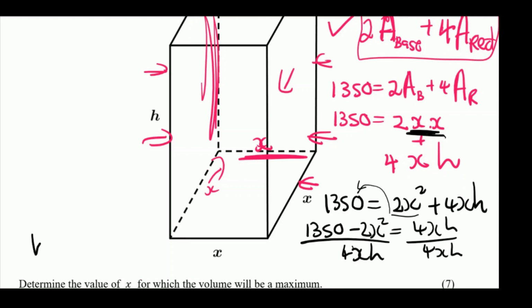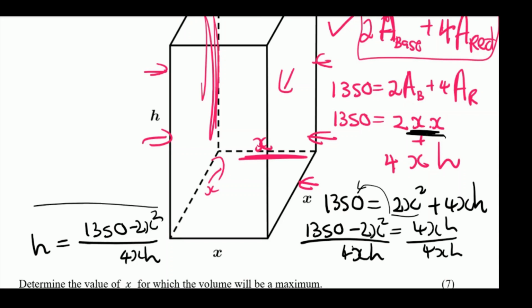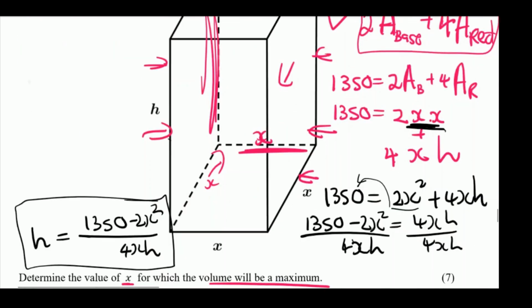Then our h is equal to (1350 minus 2x squared) over 4x, right? So this is one part of our rectangular box, which is h, and it's this one here. So this is equal to this.